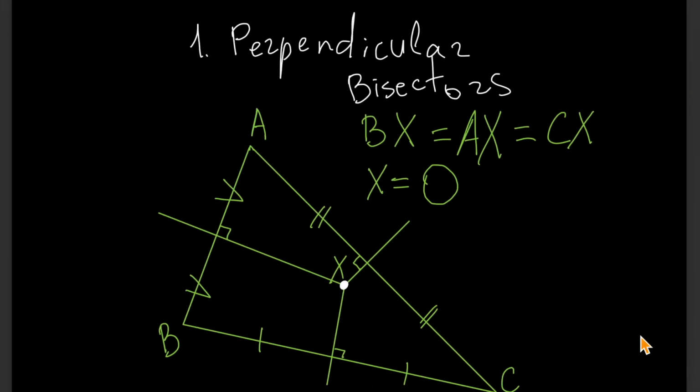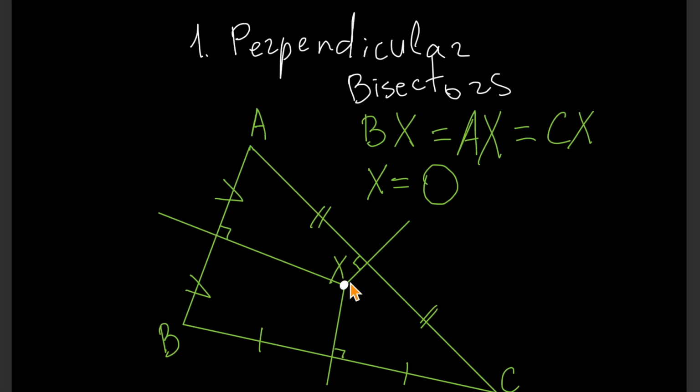Okay, so now let's talk about perpendicular bisectors. It is a well-known fact that the perpendicular bisectors of a triangle have a common point. There are many proofs of that, but I have an argument which will be useful for us later. So let's take two perpendicular bisectors, to AB and to AC.